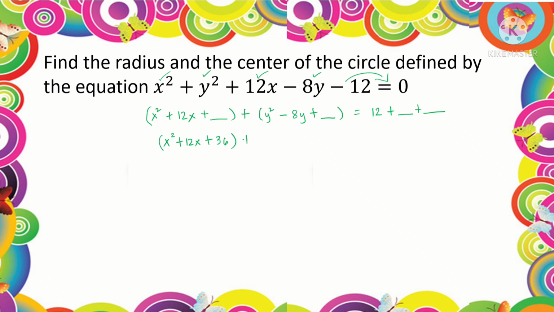Good. Plus y squared minus 8y plus, again, take the half of the middle term, negative 8 divided by 2 is negative 4, then square. Negative 4 squared is positive 16, equals 12 plus, I added 36 and I also add 16.